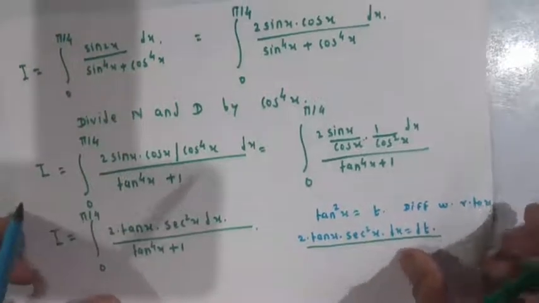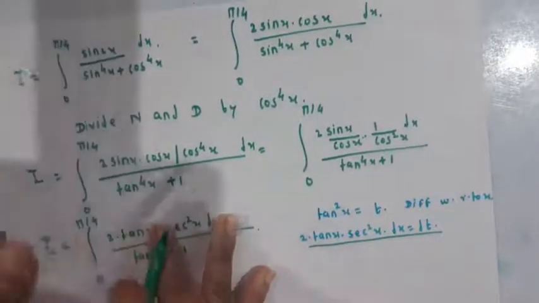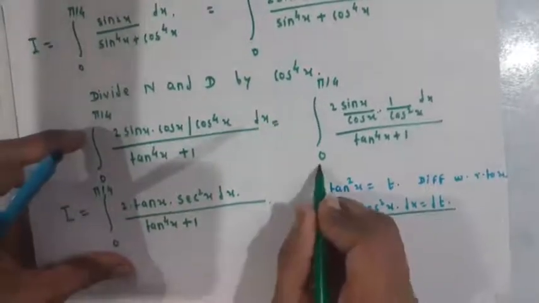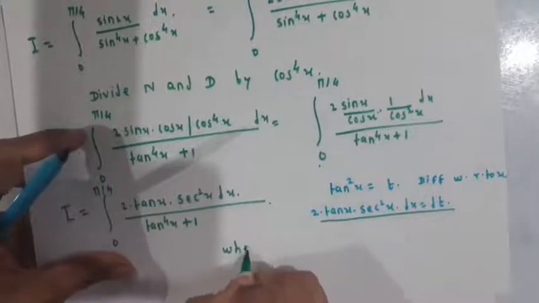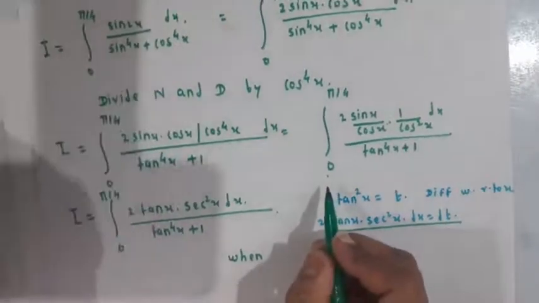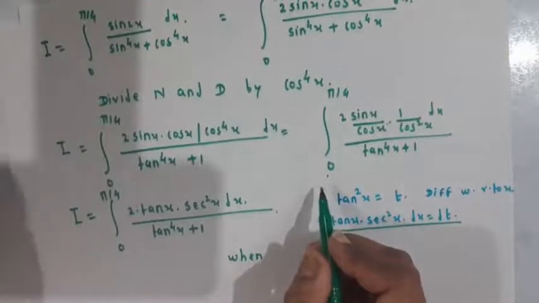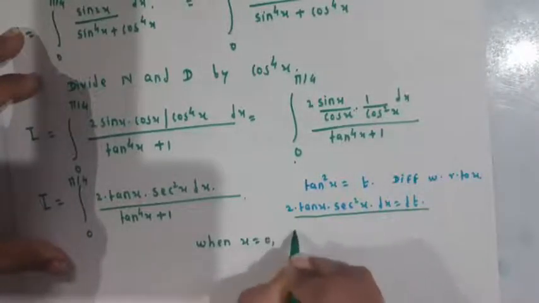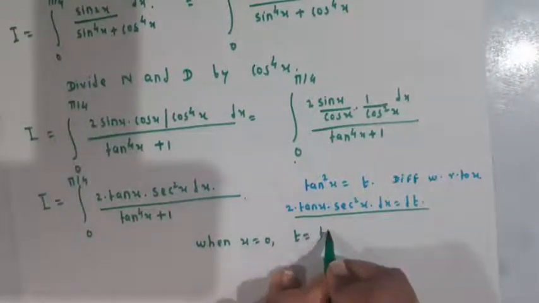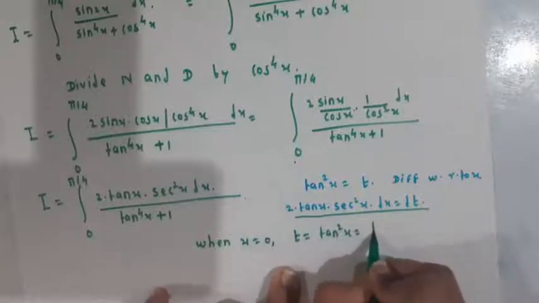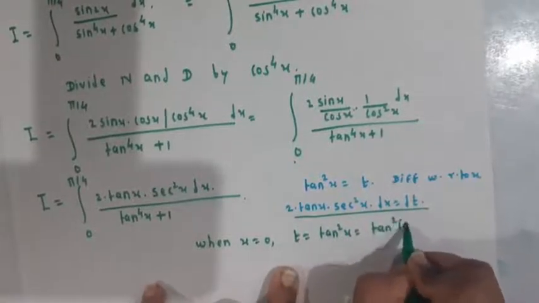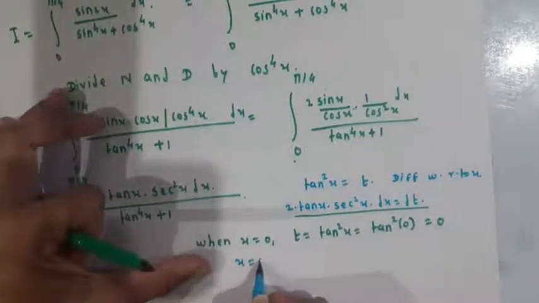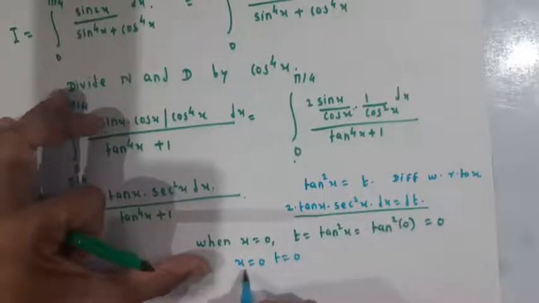And now let us change the limit according to the substitution. Every time you should remember that after substitution, in case of a definite integral, you have to change the limit. When x equal to 0, t equal to tan^2 x, that is tan^2 of 0, which is 0. Therefore, when x equal to 0, t equal to 0.